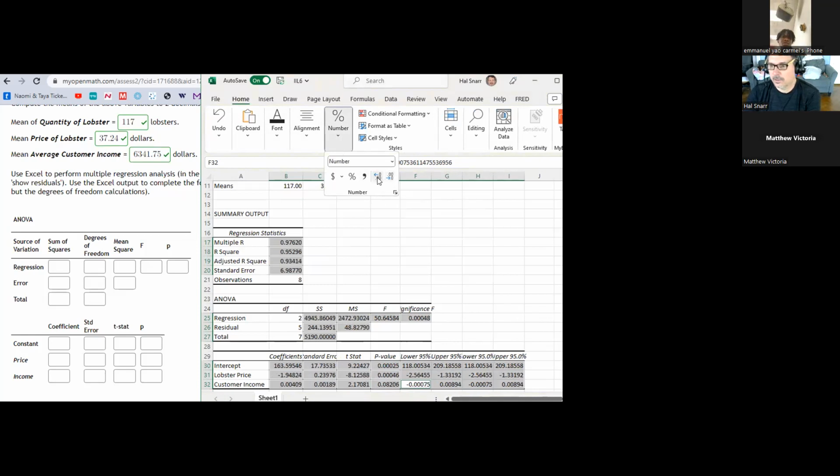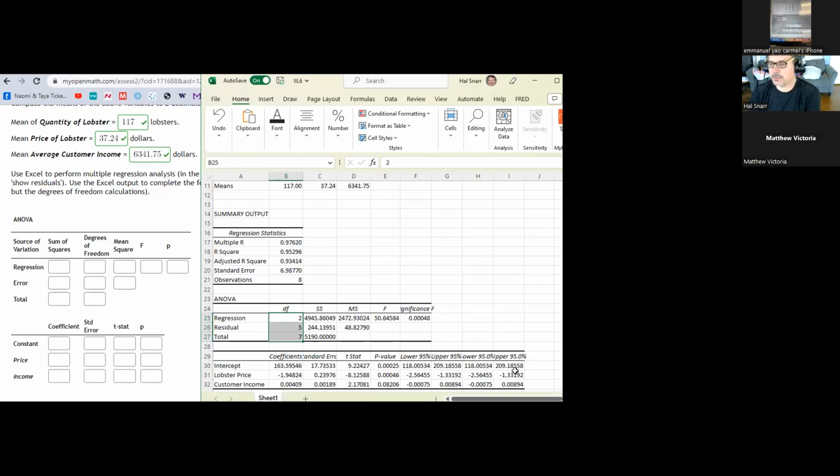That's what I do, but I don't know why. So I got 5 decimal places everywhere, right? I didn't change the decimal places of observations, degrees of freedom for regression, degrees of freedom for residual, and degrees of freedom for total. I just changed all the other values.